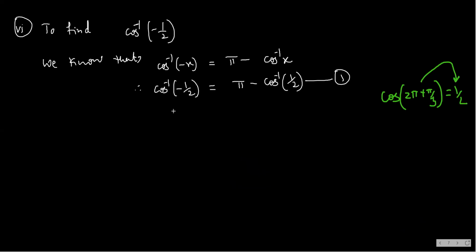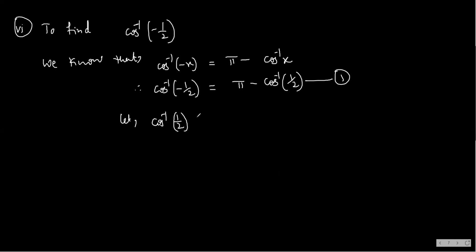And how do we get the principal value? It is based on the definition. So here we will start with the definition. I will take this as y, and y is my angle. So here I'll write, let cos inverse of 1 by 2 equal y. Therefore, 1 by 2 is cos y.